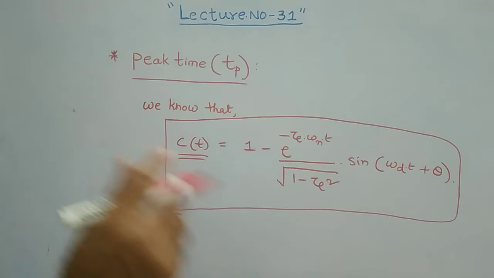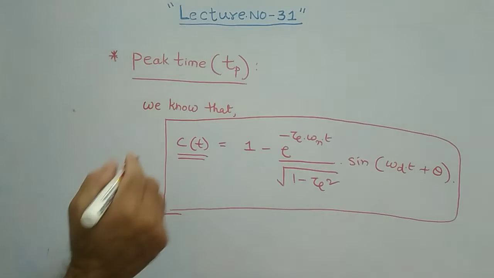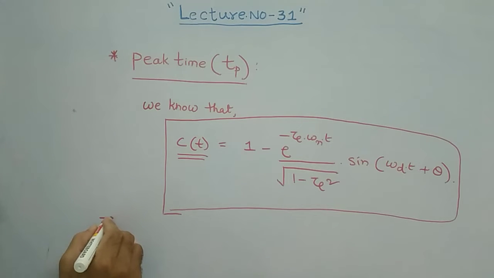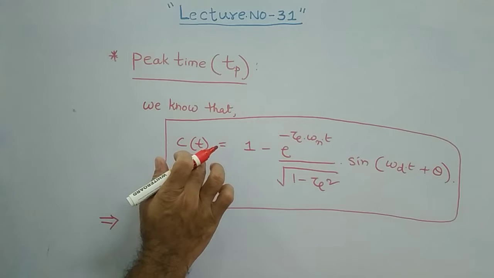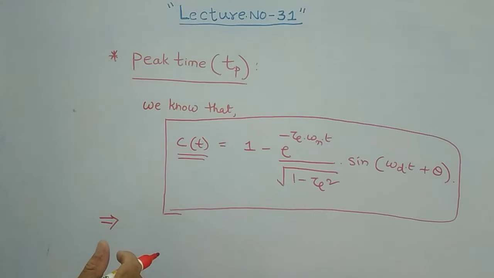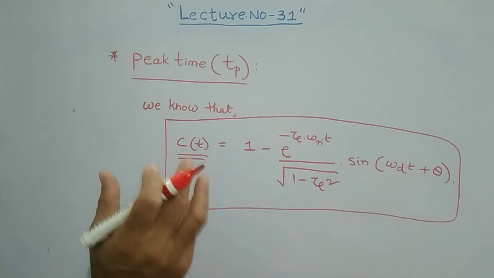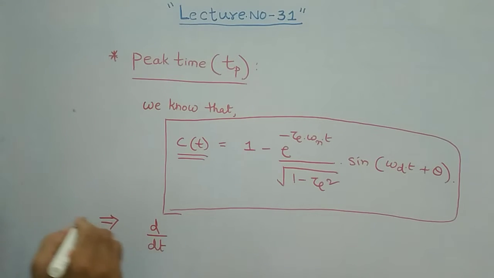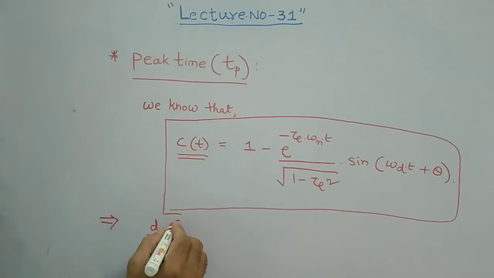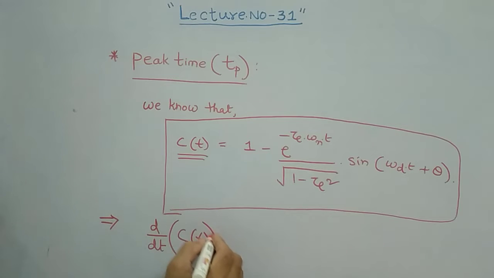You need to do a simple calculation: just take the derivative of C of t with respect to t, that is d by dt of C of t.